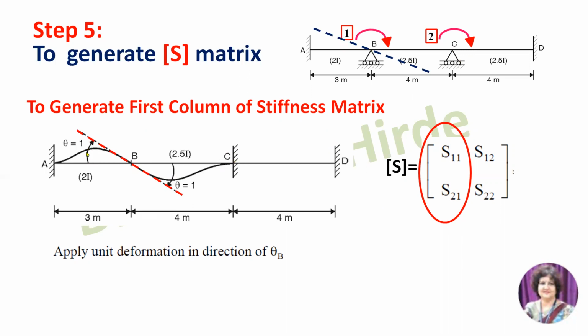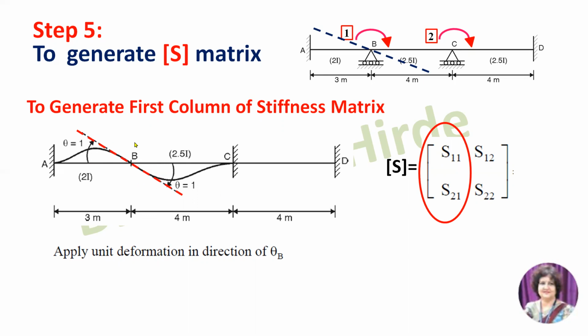So you know the definition of stiffness. To rotate this by unity, if the far end is fixed, then the moment developed is 4EI by L. So the moment developed in member BA is 4EI by L of BA plus 4EI by L of BC. If you add it, you will get S11. What is S11? It is the moment developed at 1 due to unit rotation at 1.